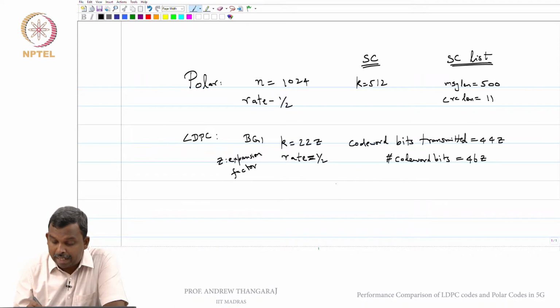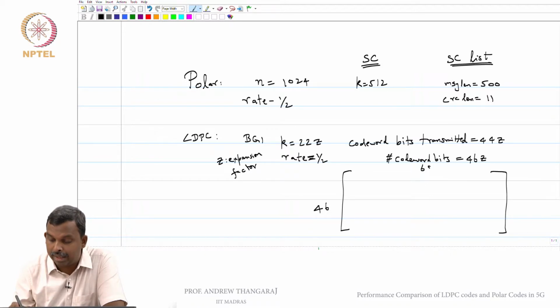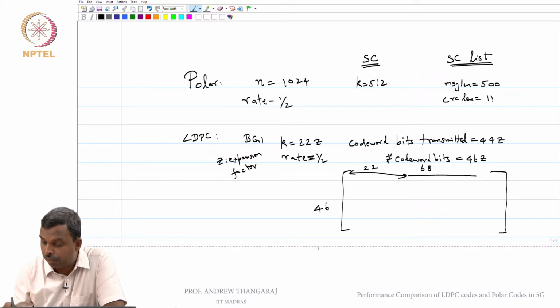It will not be 44 times Z, it will be 46 times Z, and then 2Z gets cut off. And in terms of the parity check matrix also, you have to pay some attention here. The overall parity check matrix is 46 by 68. That's the base graph 1. You'll have the first 22 columns being the message, and then the remaining 46 being parities.